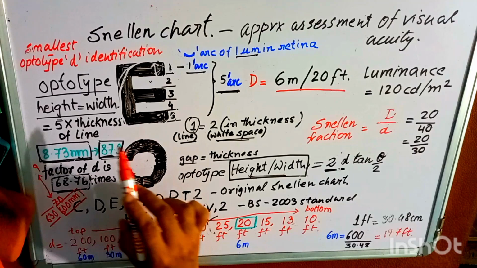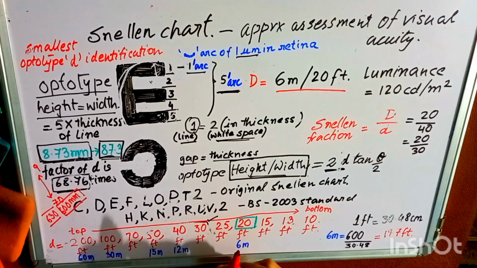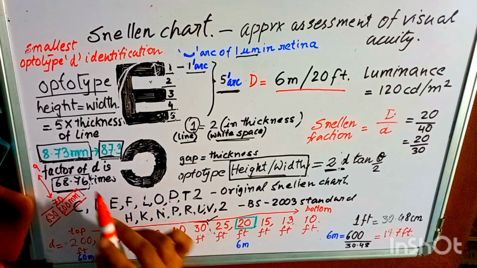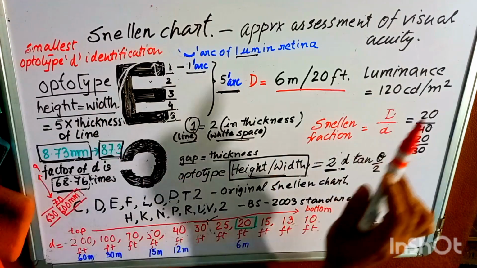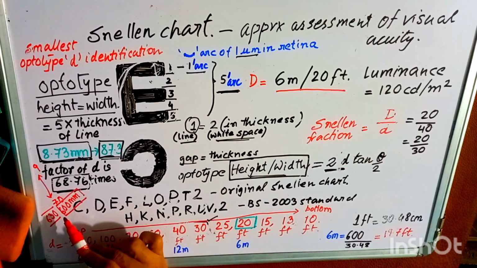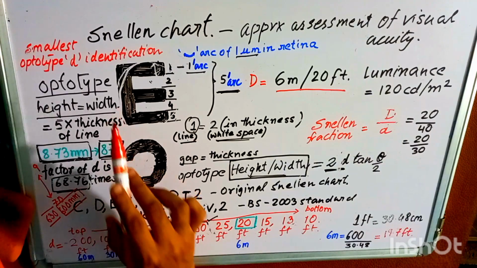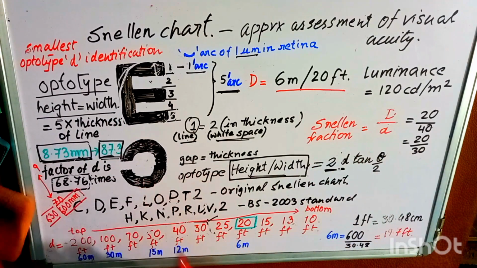So the distance from the Snellen's chart to the eye should be 600 millimeters away. By staying 600 millimeters apart, the optotype will subtend an angle of 5 radian minutes at the eye.